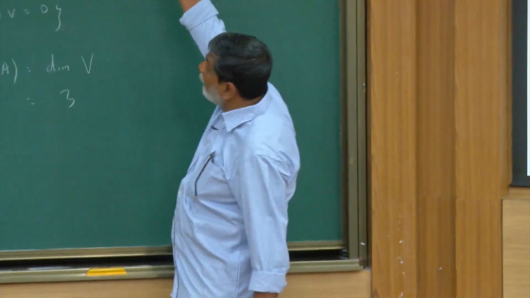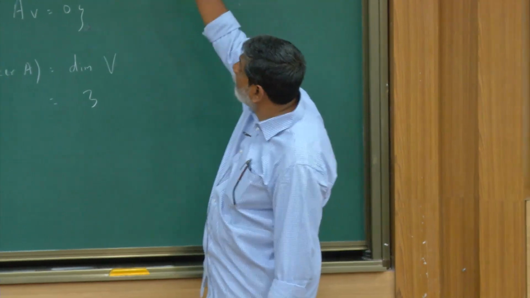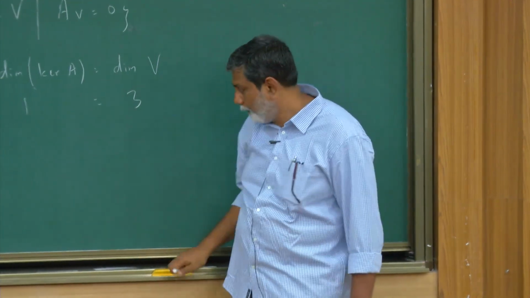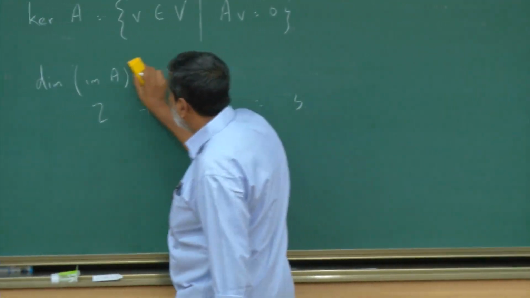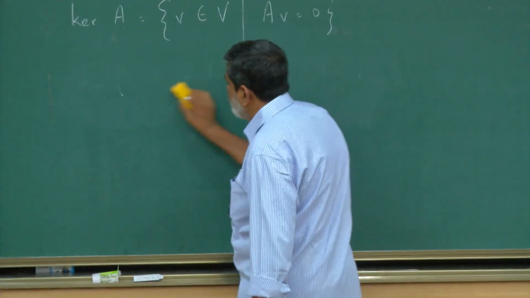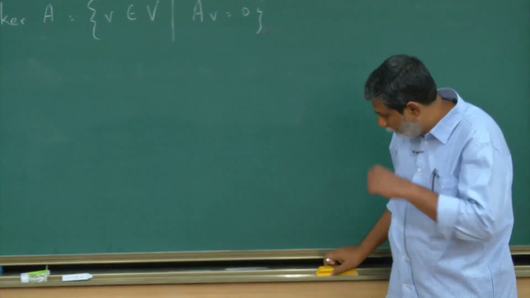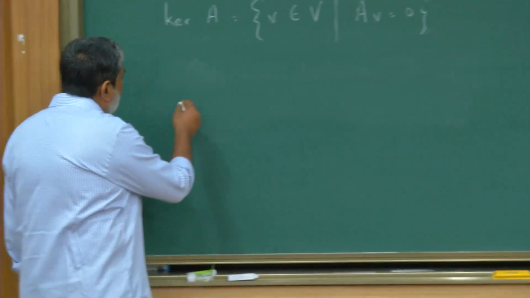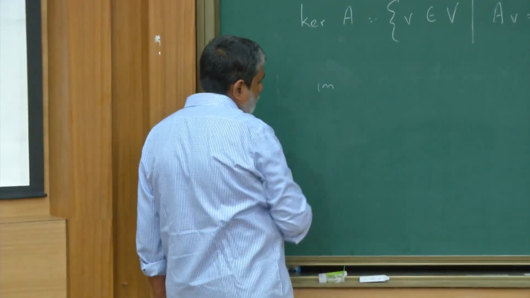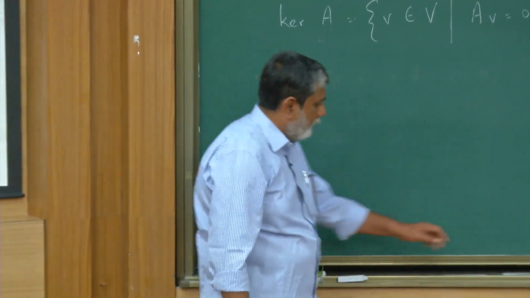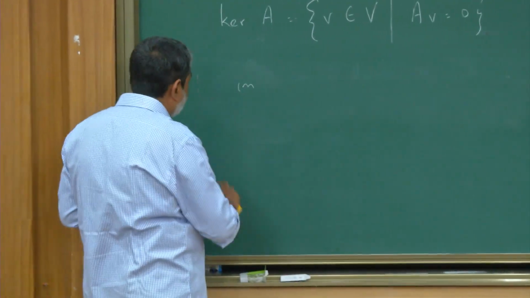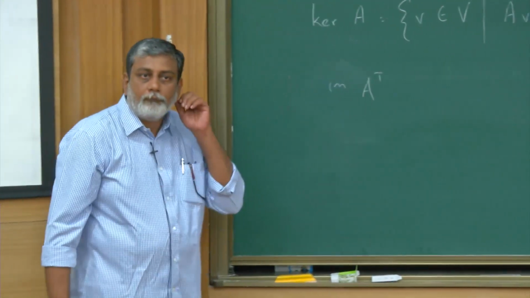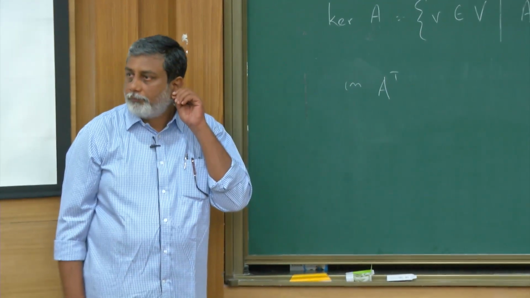All right, so we have got the second subspace which is associated to the matrix A. Now there are two more subspaces. The next subspace is the image of A transpose.